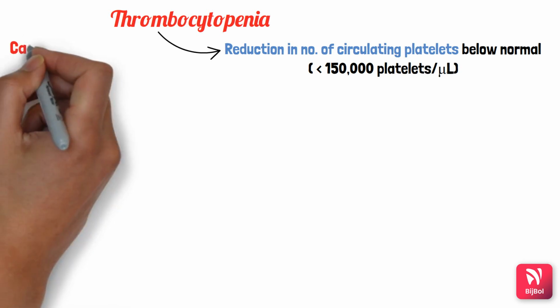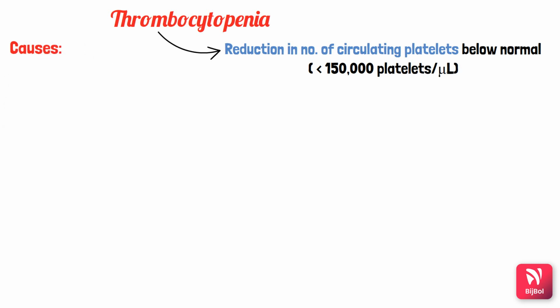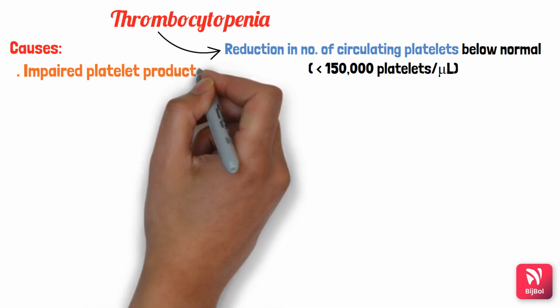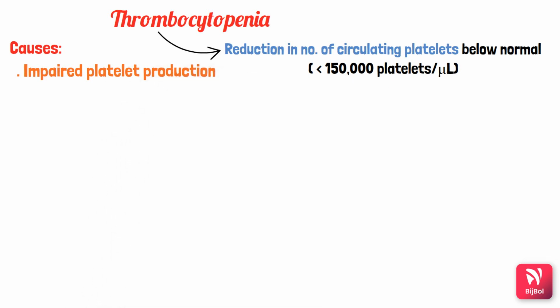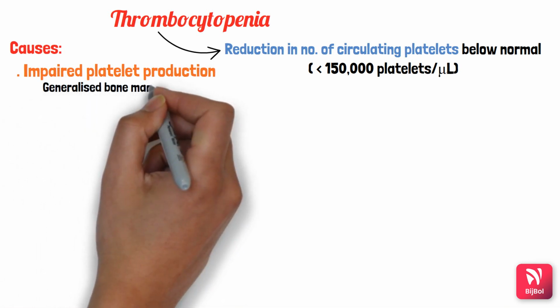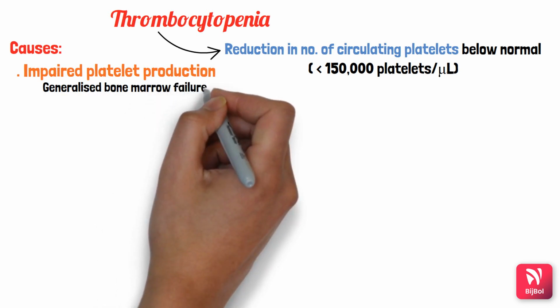So what causes this thrombocytopenia? There are 4 important causes that result in a decreased platelet count. The first one is impaired platelet production itself. What are the situations wherein platelet production is decreased?